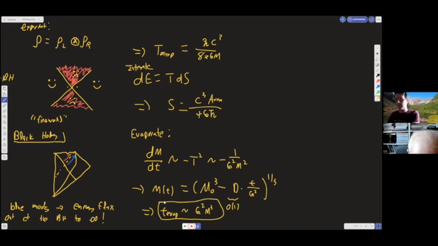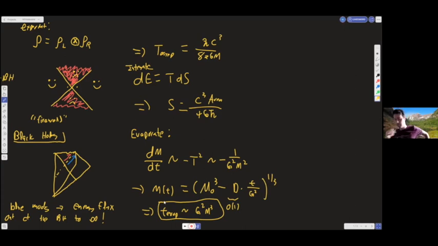But I wanted to at least say a little bit about the black hole information problem. As we discussed, the state of these blue modes is thermal, or thermal to a very good approximation.